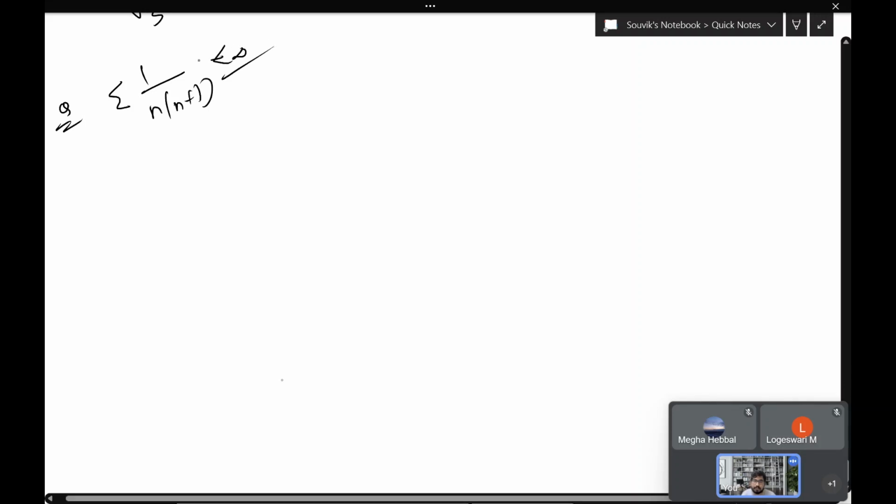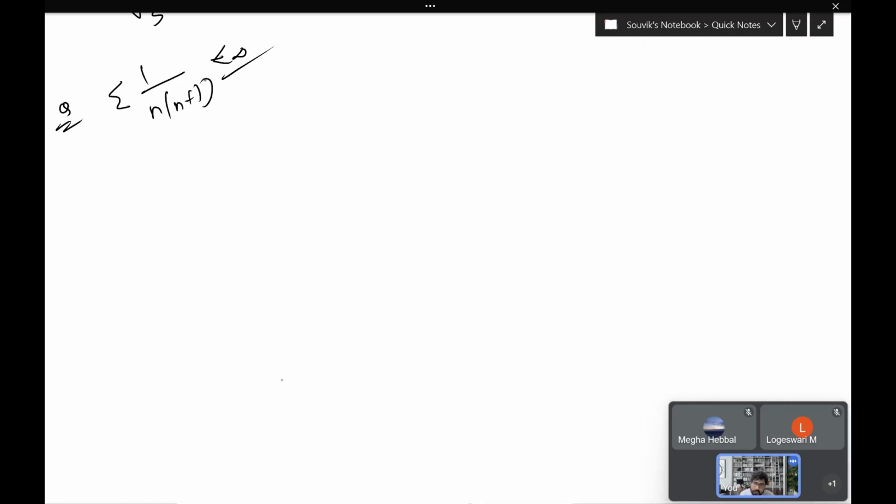We have proved that this is convergent. Now, can you tell how to show this convergence using these tests? Initially we have seen that this series is convergent and the value is 2 or 1 probably. But now using the tests, how can we show that this series is convergent?